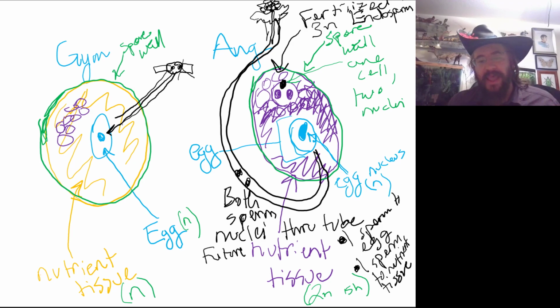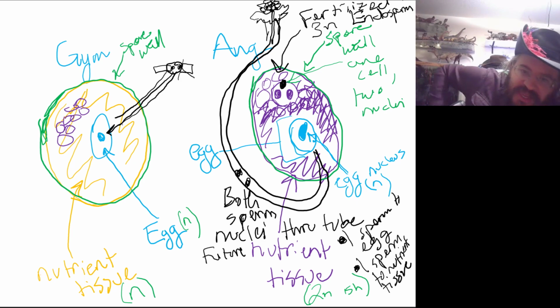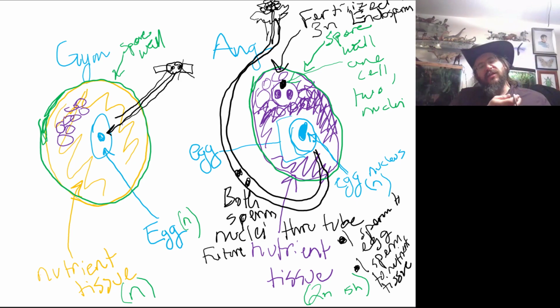So, angiosperm seeds can remain dormant for longer because they have higher quality food supplies. So they have better food, so the seed can remain nourished for longer. Essentially, they can digest less of their nutrient tissue at a time. So, pretty cool.